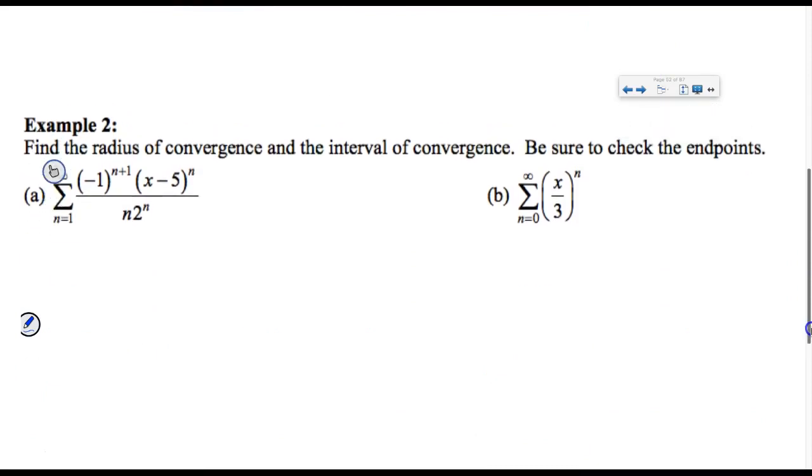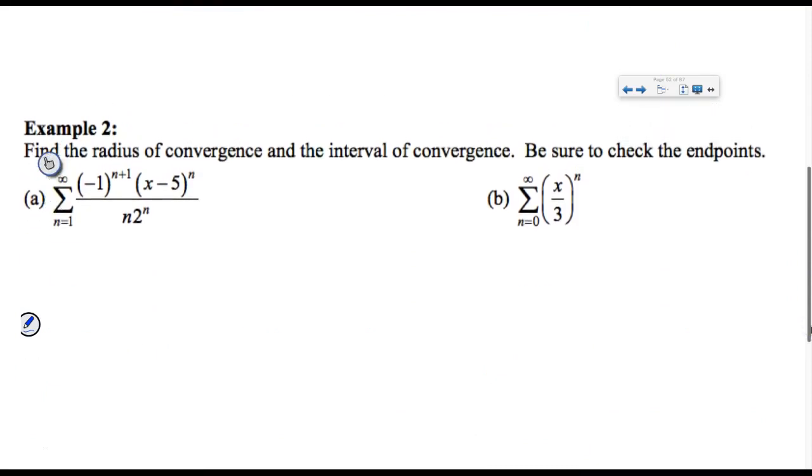So moving along. All right, I would love to give you time to pause. Which one of these can you do in your head, A or B? Just because you get it now, because I didn't go too fast. Can A be done in your head or B? B, yes. That's a geometric series. We know those converge only when the absolute value of r is less than 1.